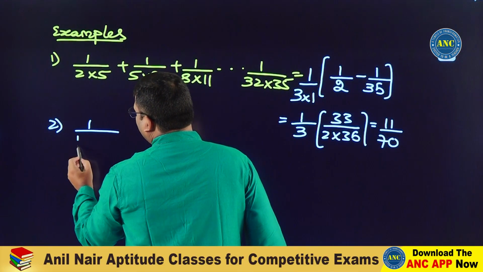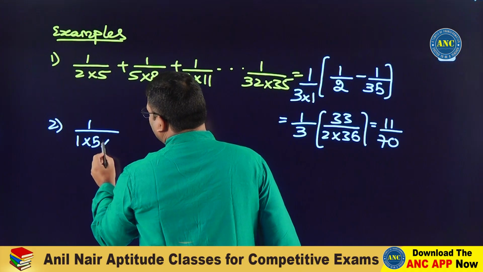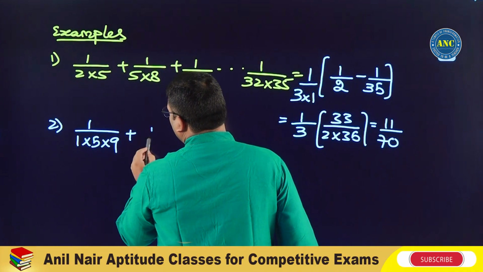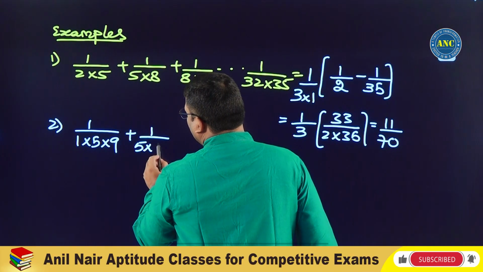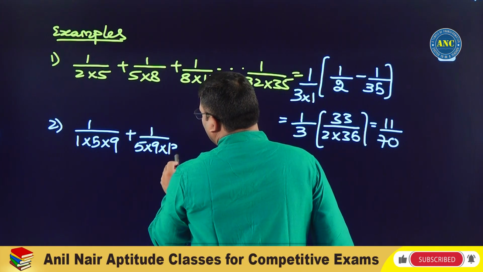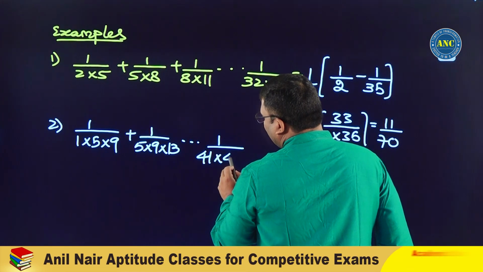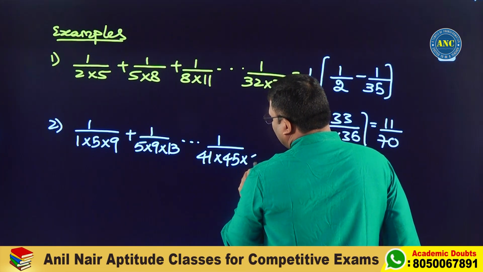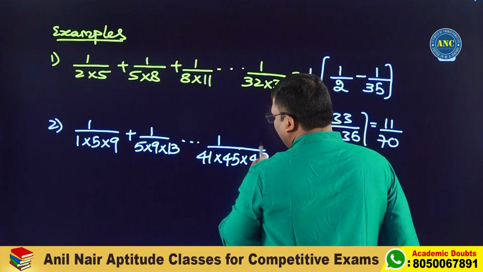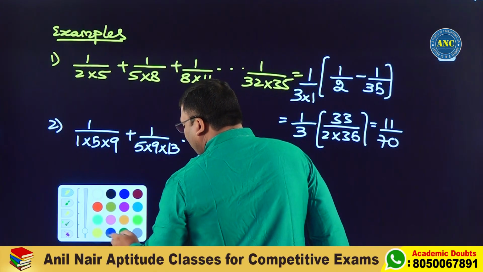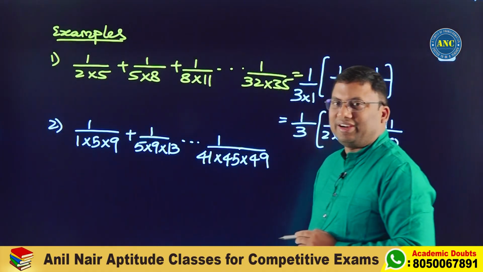1 by 1 into 5 into 9 plus 1 by 5 into 9 into 13 and so on up to 1 by 41 into 45 into 49. Please write down.